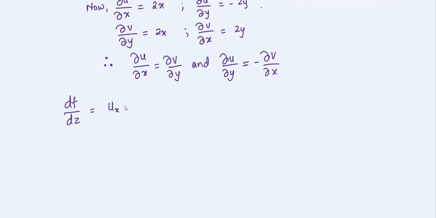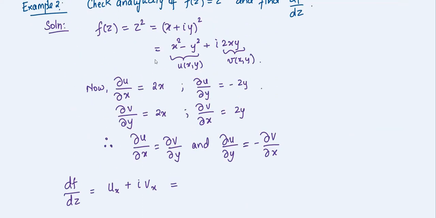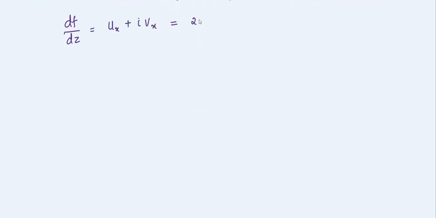So then you get ux plus i vx. So in that case, you get derivative with respect to x. If you do, you get 2x plus i times 2y, twice of x plus iy, which is 2z, which we can directly write.